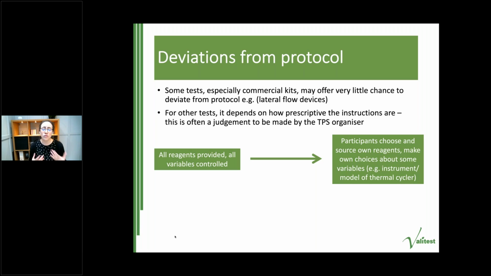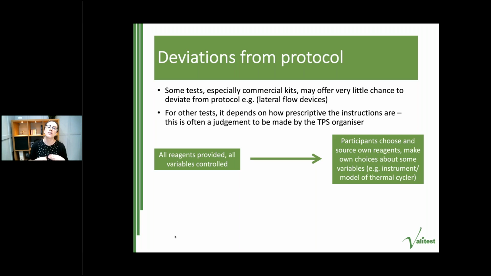So you saw some tests, particularly kits and tests which are more simple to do, like lateral flow devices, offer very little chance to deviate from the protocol. The kit contains everything, and the instructions are what they are. But for other tests, it's very dependent on the TPS organizer to decide how prescriptive they want to be.